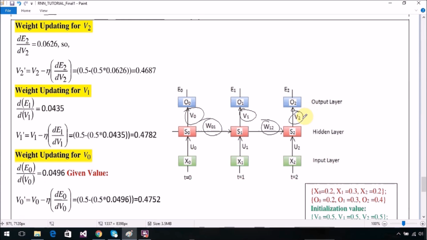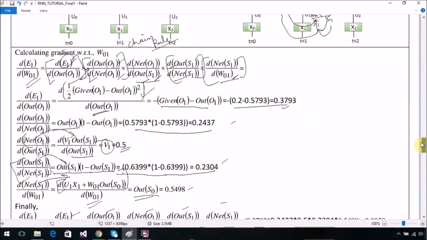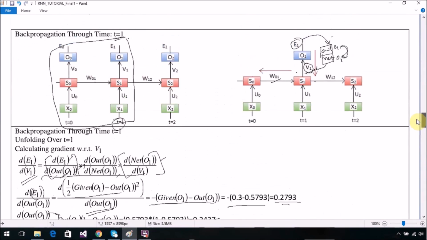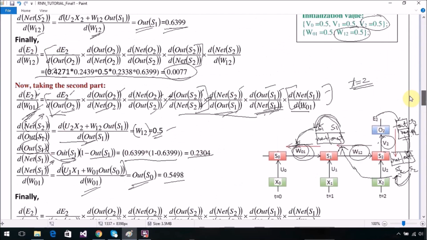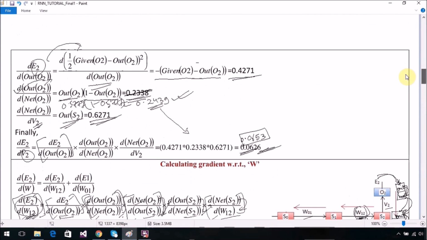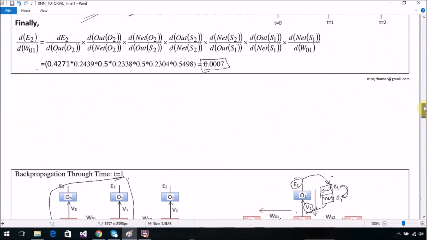So let us start with B2. We have the calculated value DE2 with respect to B2, meaning the derivation of DE2 with respect to B2, which is calculated as 0.0626. So you can see here DE2 with respect to B2. So you can take it as 0.60653.